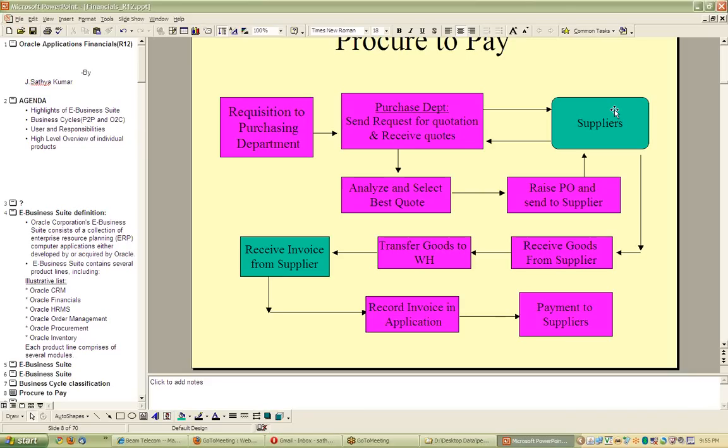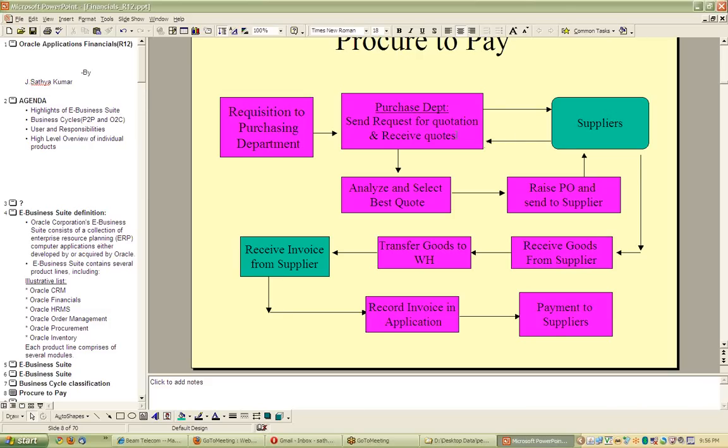Now the purchase department will send a request for quotation. It will contain the details regarding the number of items required and the specification. It will ask, please send us your quotations for such item and this configuration. All three suppliers will receive the request for quotation and will send their quotes to the purchase department.